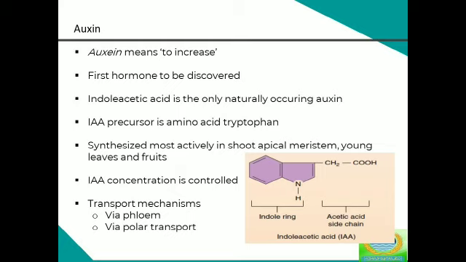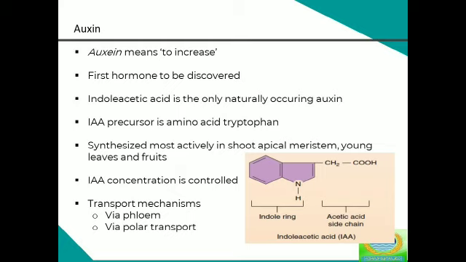And in roots, it moves acropetally, towards the root apex. This movement is about 11 millimeters per hour, regardless of whether the tissue is in a vertical, horizontal, or upside-down orientation.